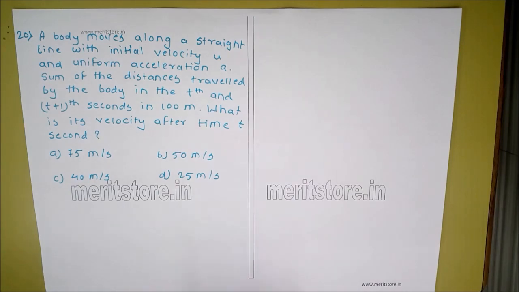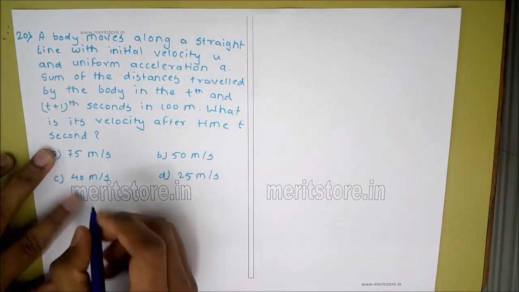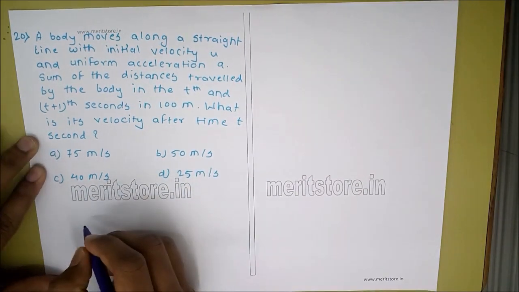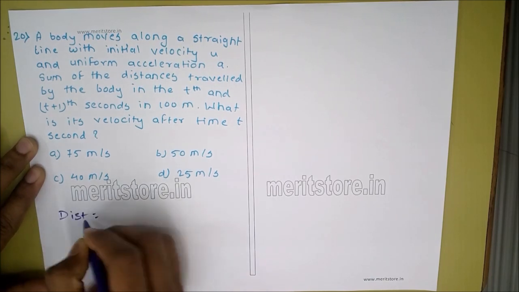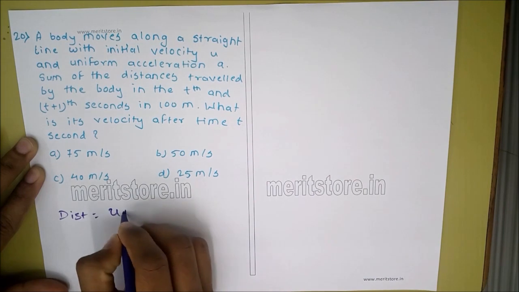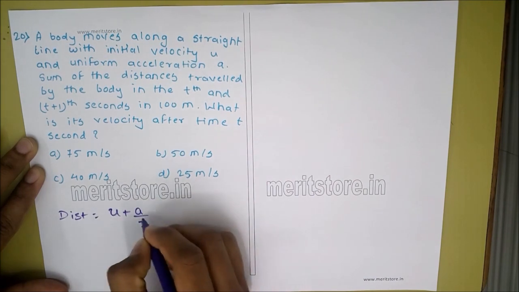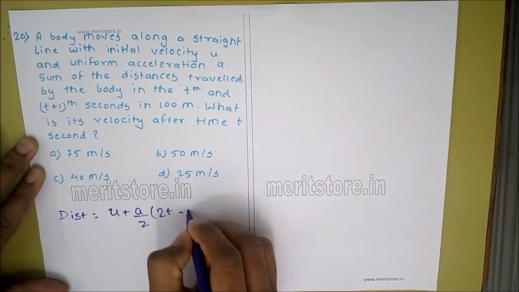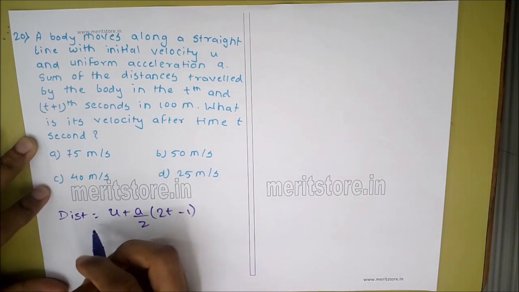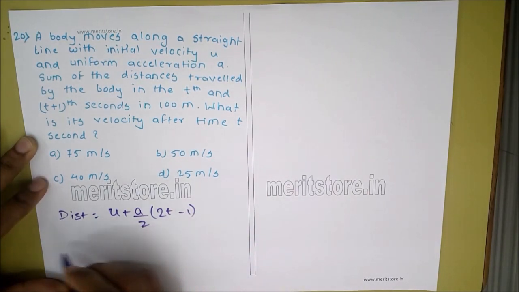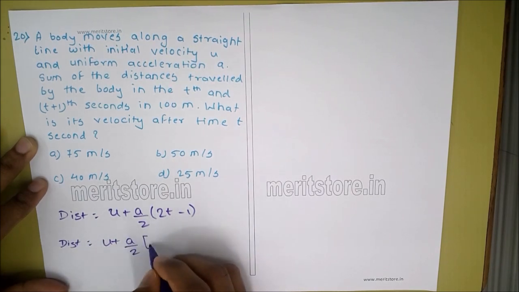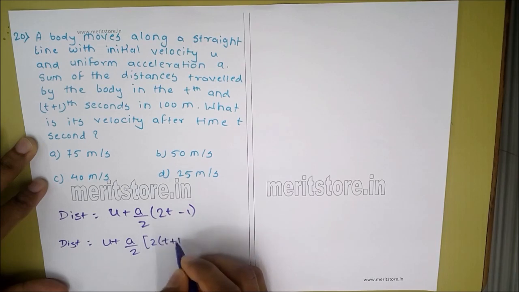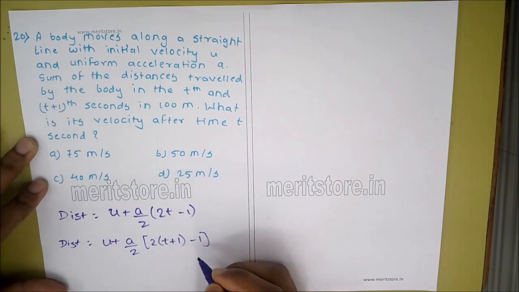The distance travelled by an object in the tth second is given by the general formula u plus a by 2 times 2t minus 1. So, similarly for the t plus 1th second, the distance would be u plus a by 2 times 2(t plus 1) minus 1.